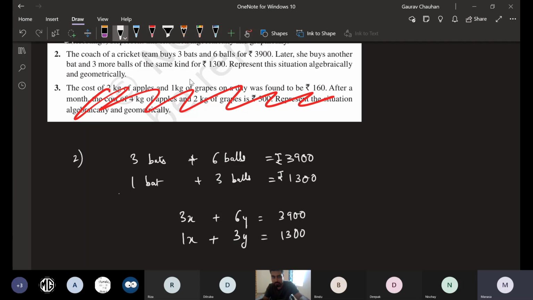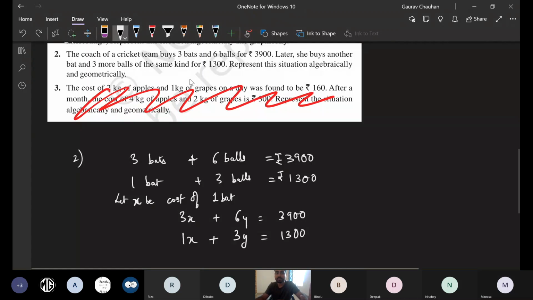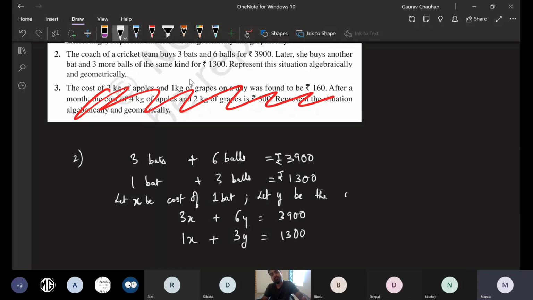Cost of bats. Let x be the cost of how many bats? 3 bats. X is not the cost of 3 bats. X is the cost of 1 bat, sir. That's why you're multiplying it by 3, no? 3x you're doing, because 1 bat is x, 3x is 3 bats, correct? Yes, sir. Okay, let x be the cost of 1 bat. Let y be the cost of 1 ball. Perfect.